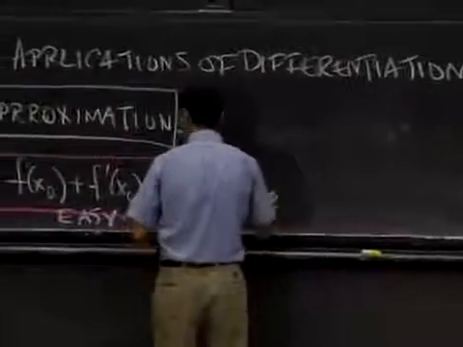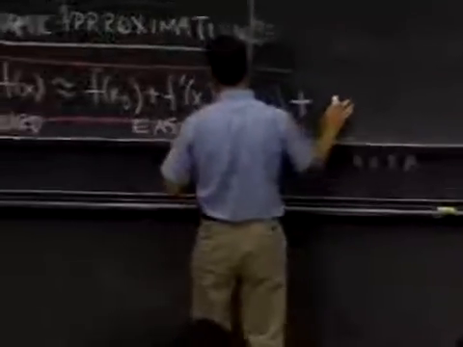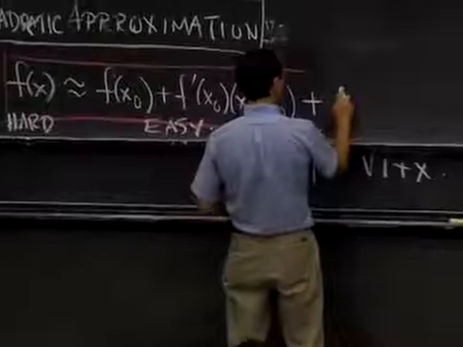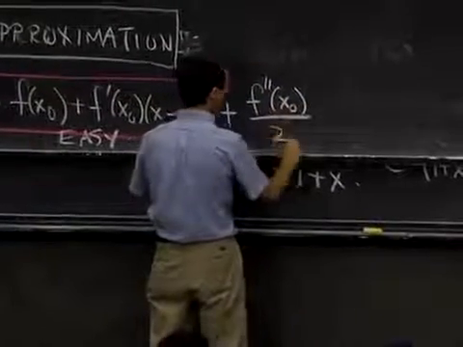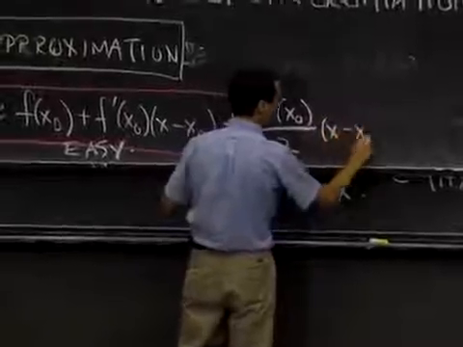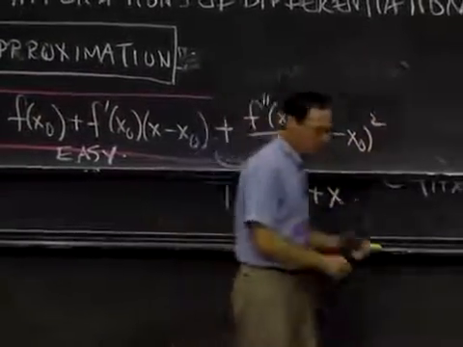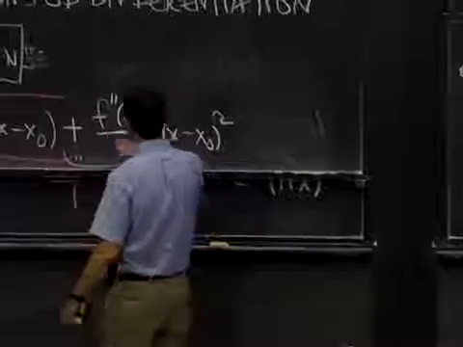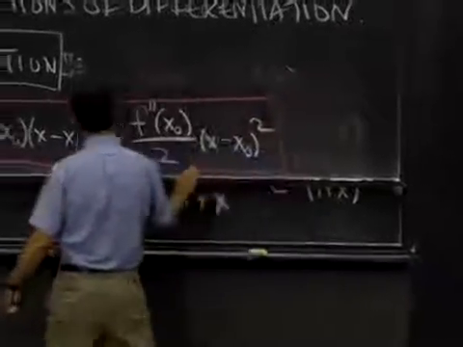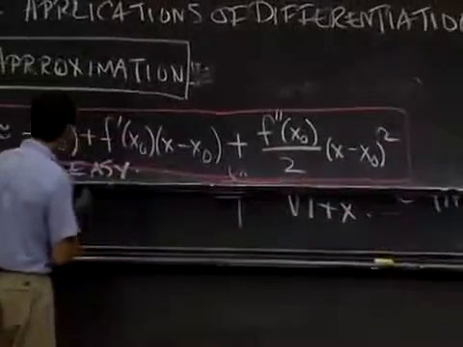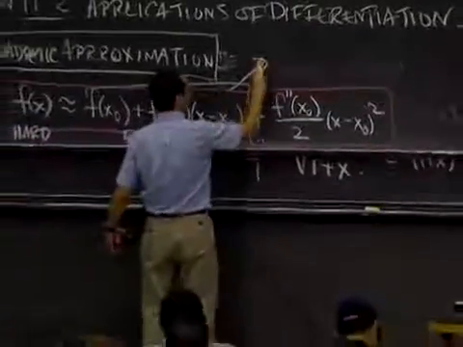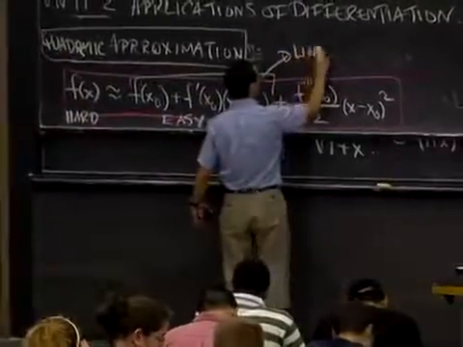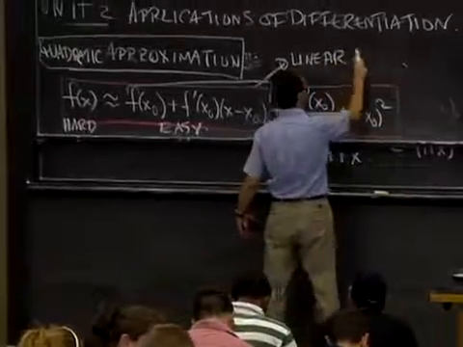We're adding one more term here, and the extra term turns out to be related to the second derivative, but there's a factor of 2. This is the formula for the quadratic approximation, and this chunk of it, of course, is the linear part. This time I'll spell linear correctly.